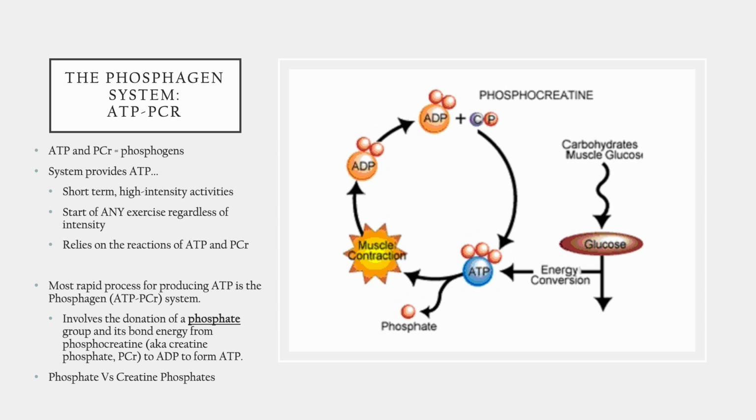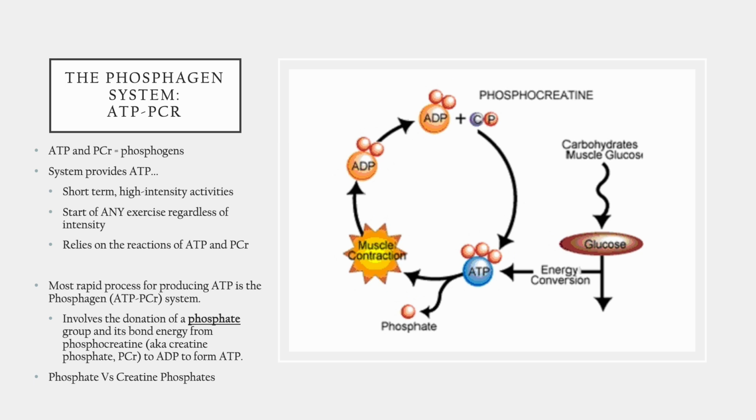We have ATP, which is adenosine triphosphate. Now we have PCR, which is phosphocreatine. The phosphocreatine is simply there to help transfer these high energy molecules to produce more ATP.